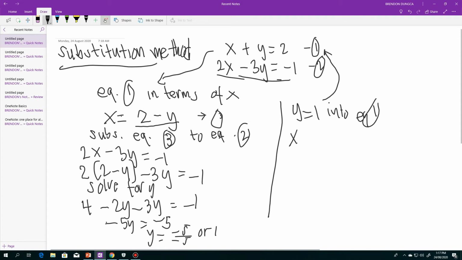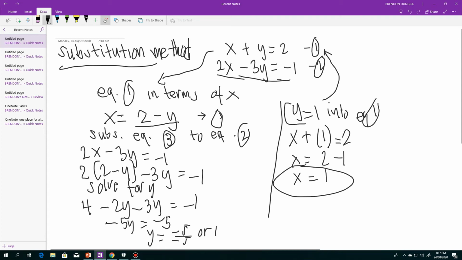So x plus y, which is 1, is equal to 2. X is 2 minus 1, which will give us x is equal to 1. So like the first method, it yielded the same answer. Therefore the solution set is 1 and 1. Okay, very easy.